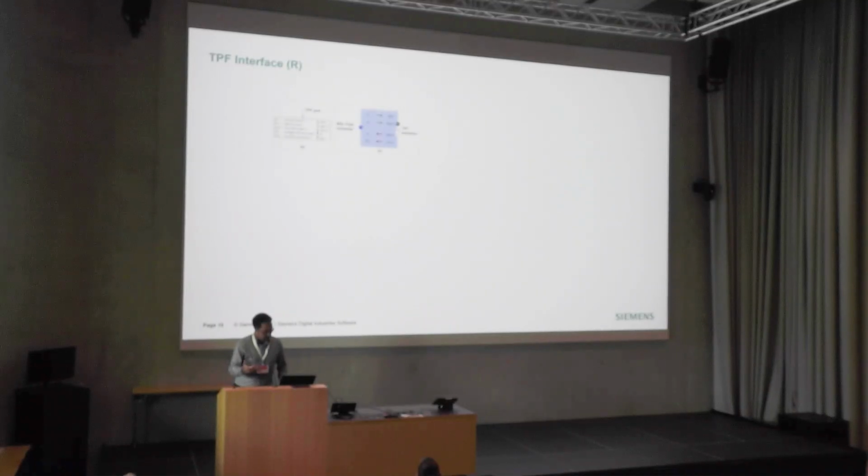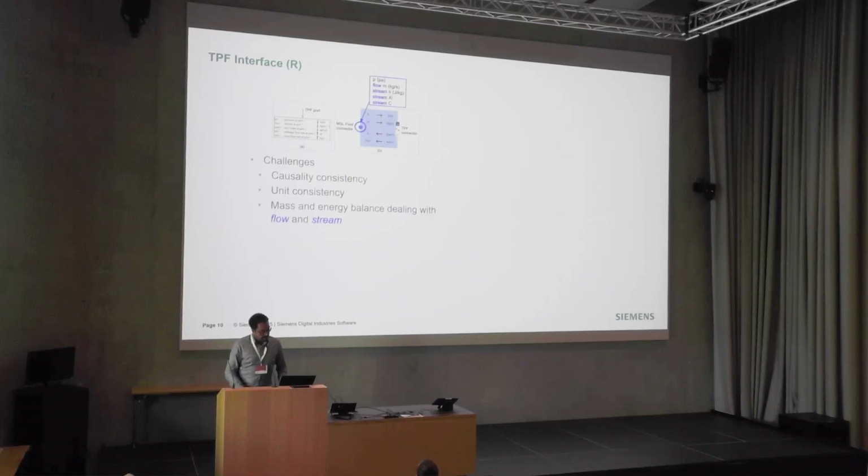And now let's do it, but for the TPF. For our use case, the one that I presented at the beginning of the presentation, getting a cooling system in the loop and trying to define the interface between them, it's a bit tricky because we have several things to manage.